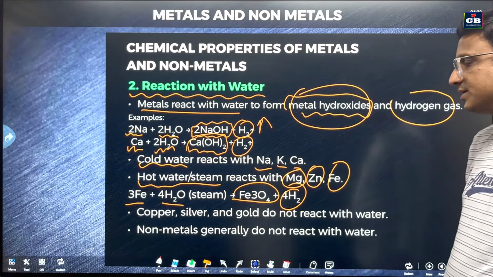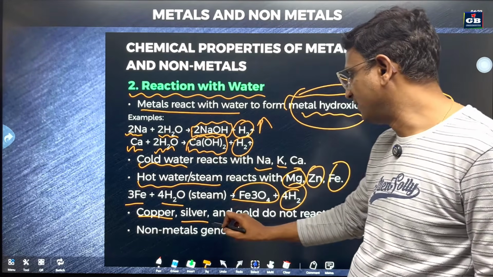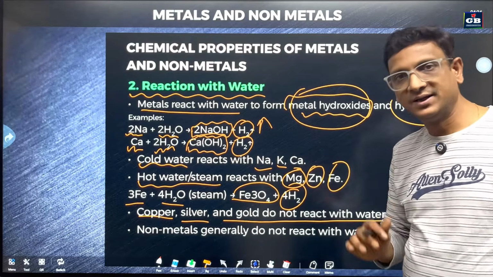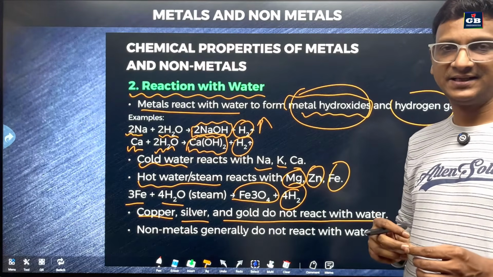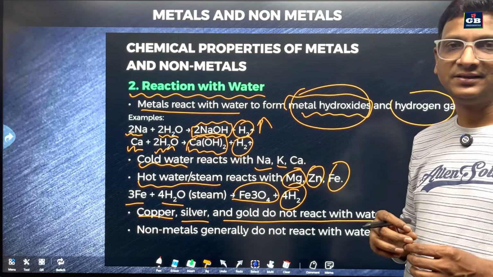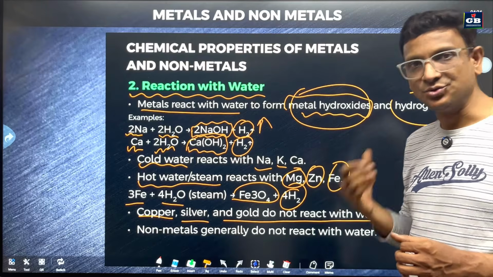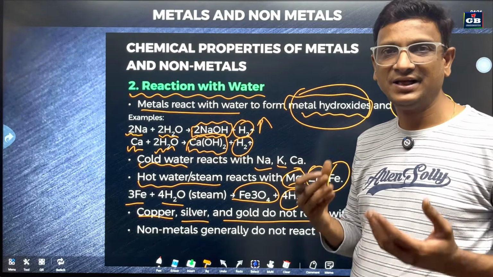Okay. So copper, silver and gold do not react with water. Copper, silver, gold are least reactive or unreactive metals. So they do not react with water. But metals like sodium, potassium and calcium are highly reactive with water.